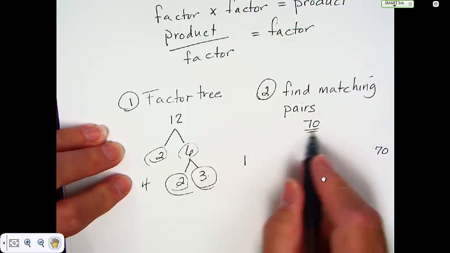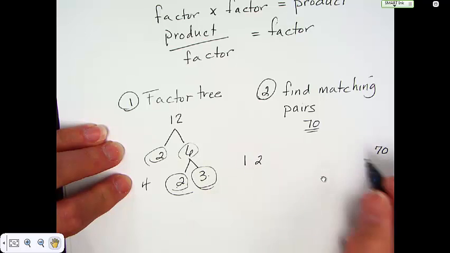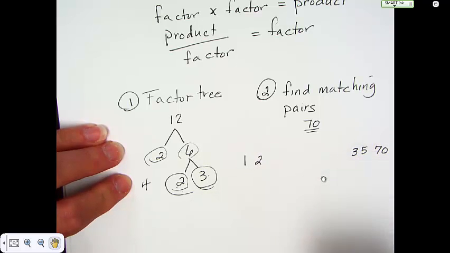Does 2 go into 70? Yeah, because it's even. 2 times 35. Okay, now I don't think 3 does. And I'm pretty sure that 4 doesn't. But I know 5 does because it ends with 0.